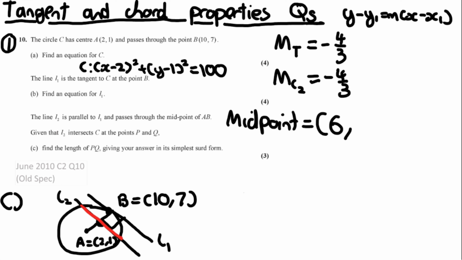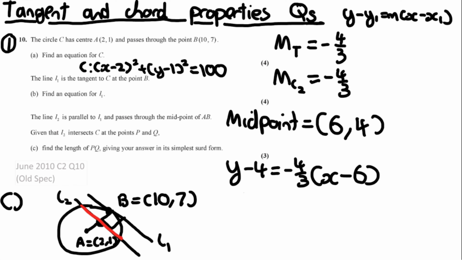And the midpoint of the y coordinates 1 and 7 is going to be 4. So we can sub the midpoint in as one of the points on L2. We can sub this into the formula, and we can do y minus 4 is equal to m, which is minus 4 over 3, (x minus 6).